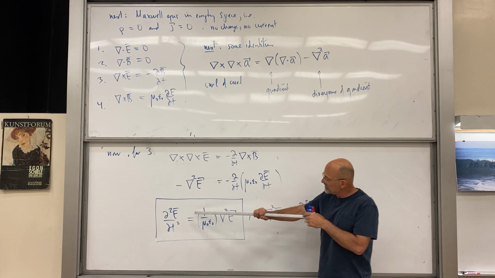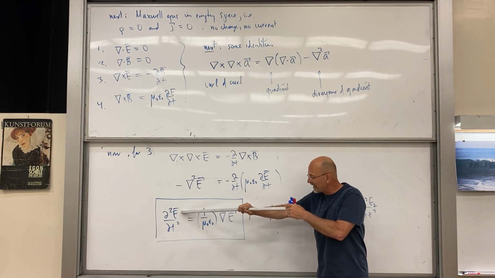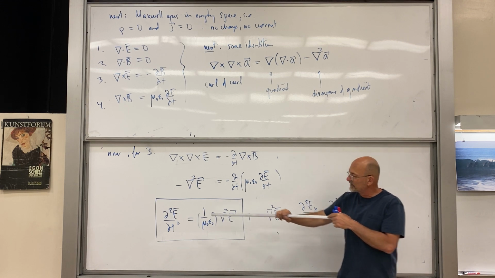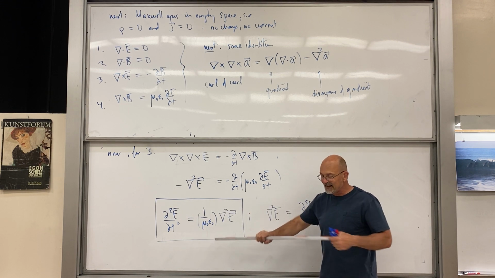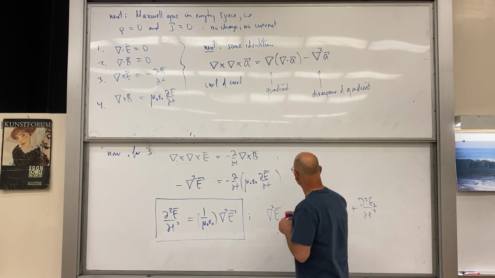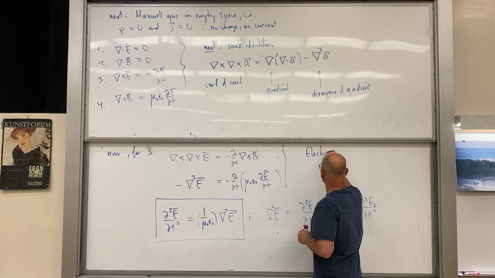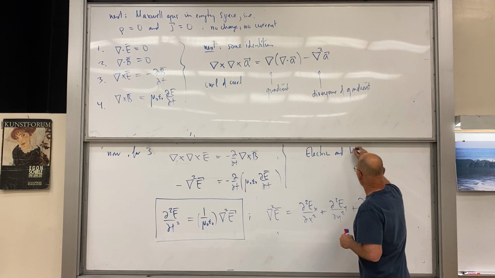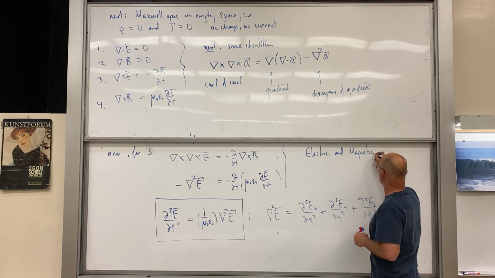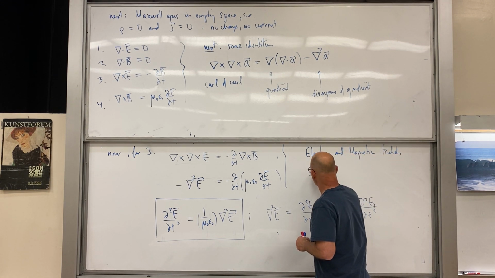Same equation, if you do these steps that I just did for the other two equations, you're going to get the same equation for the magnetic field. So the electric field and the magnetic field both satisfy wave equations. So electric and magnetic fields satisfy wave equations.